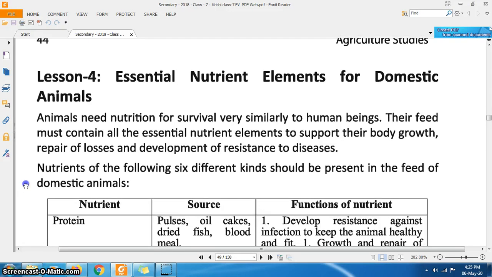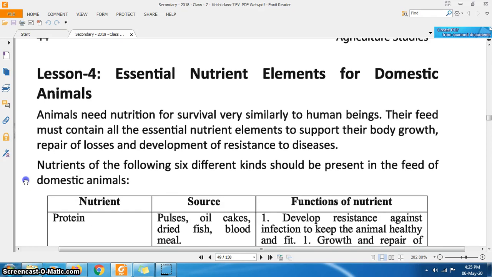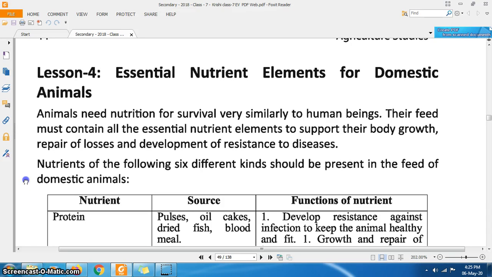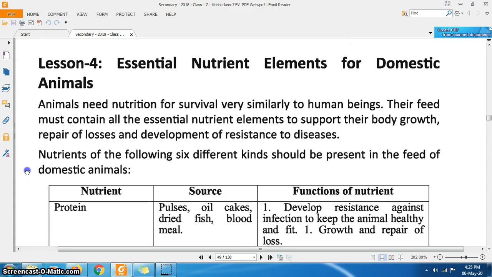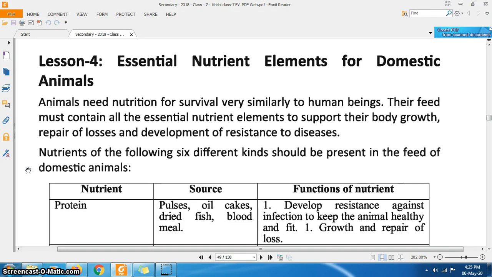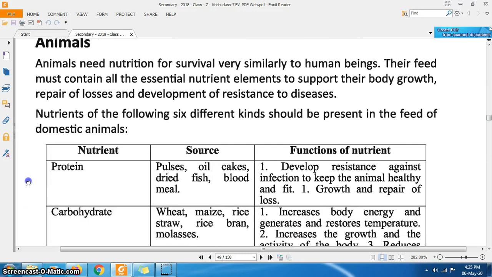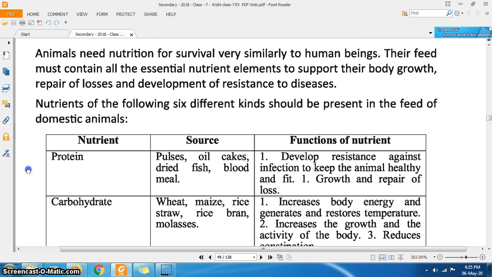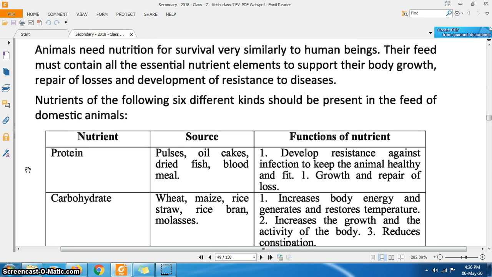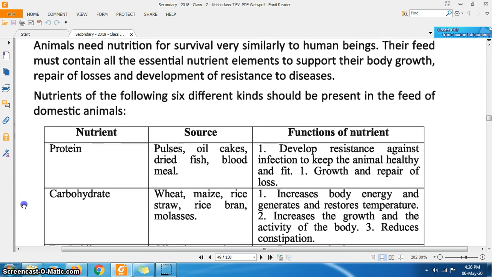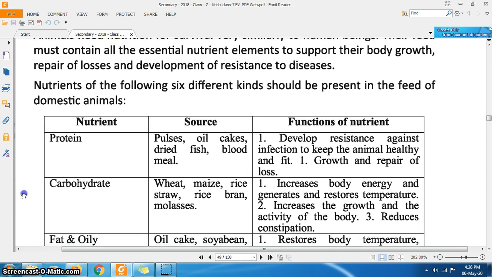Their feed must contain all the essential nutrient elements to support their body growth, repair of losses, and development of resistance to disease. Nutrients of the following six different kinds should be present in the feed of domestic animals.